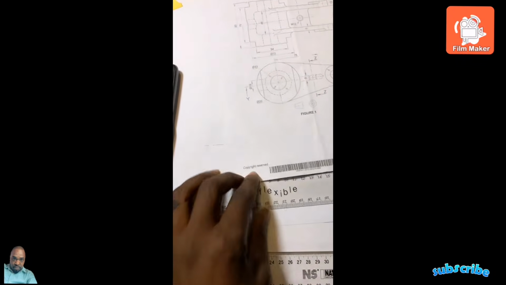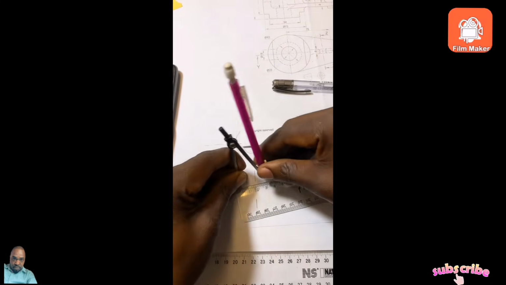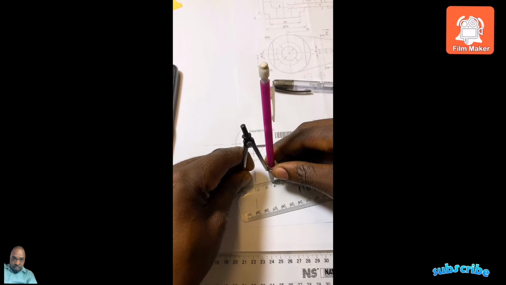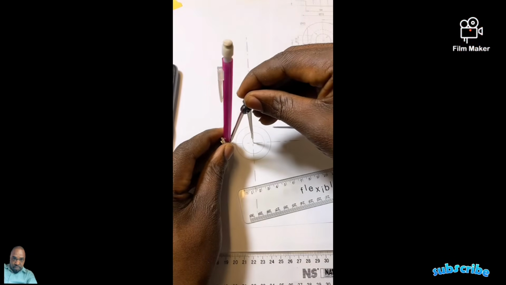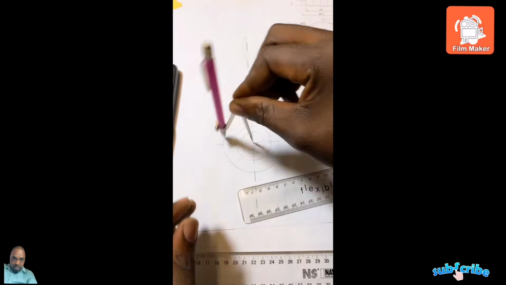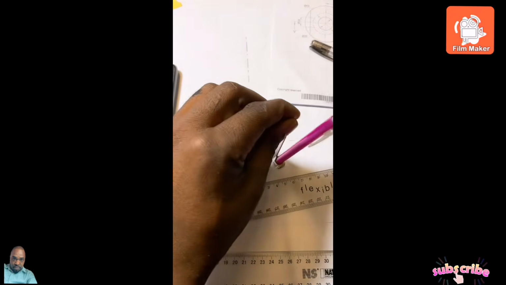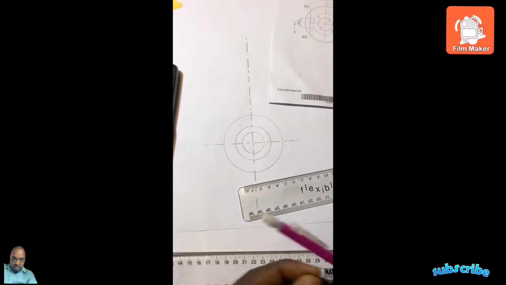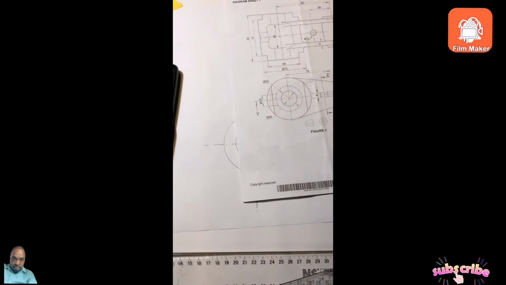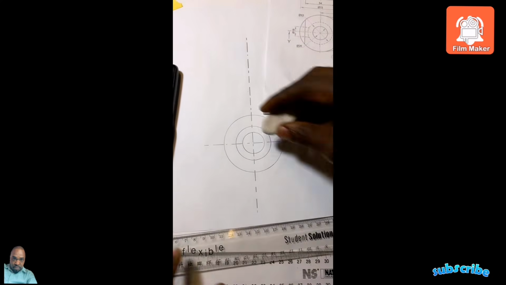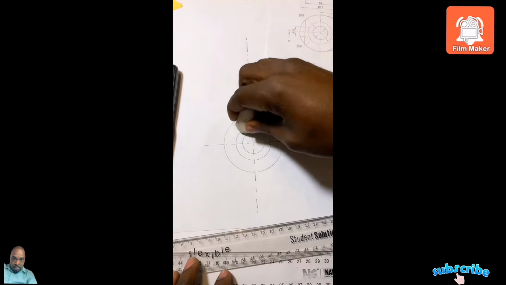So open your drawing compass to 36. 35, 36, which is this one. Right, then from there, I can draw it dark. You understand? This one is the one that is supposed to be hidden.